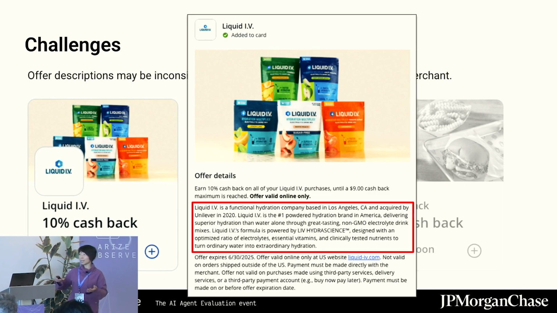What is the data I'm actually looking at? Those three are some currently available Chase offers. Liquid IV, as you can see, is what a data scientist might actually get exposed to, with a description that looks like this.